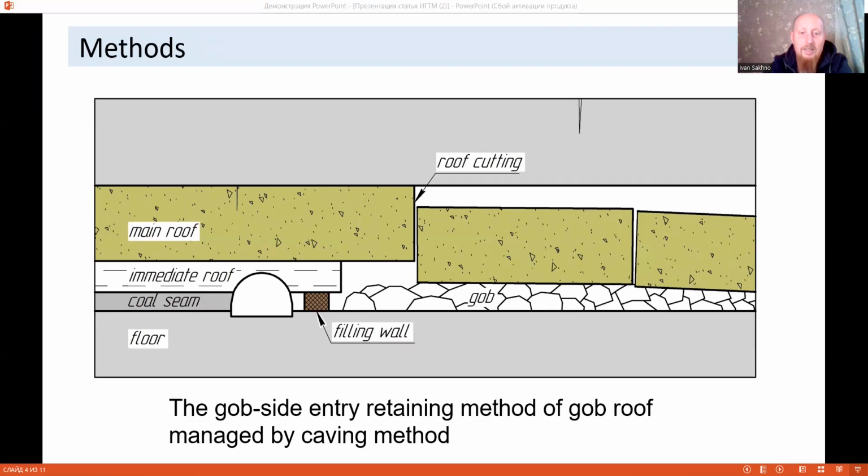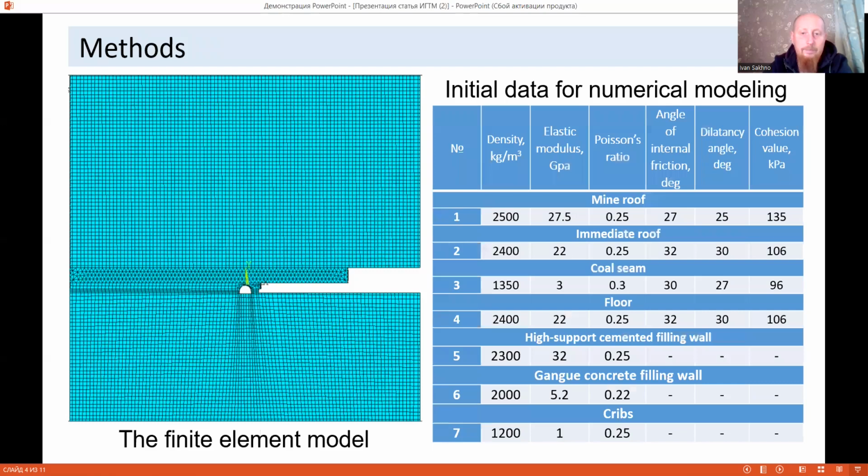The model simulates geological conditions typical for the Ukrainian Donbass. In the numerical simulation model, the thickness of the coal seam is 1.5 meters. The finite element analysis software system ANSYS was used. The modeling was carried out in a volumetric setting at natural scale.